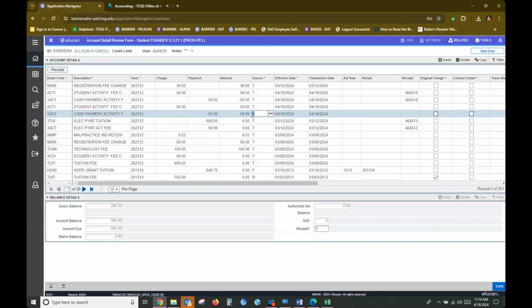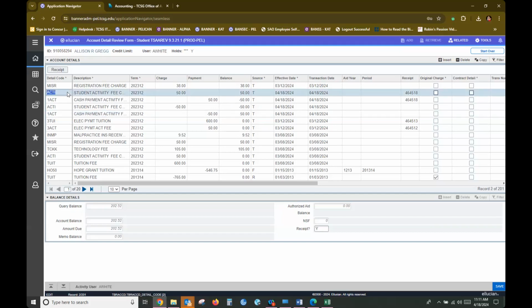Now, here is the most confusing thing in Banner. A charge in its normal state will always have a positive balance. So this charge here, ACTI, is in its normal state because it's a charge and has a positive balance.